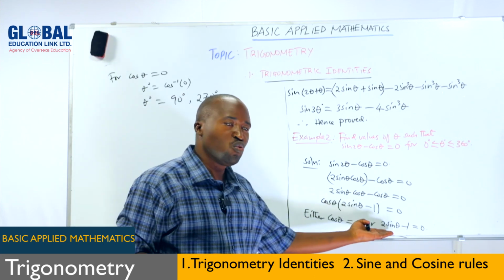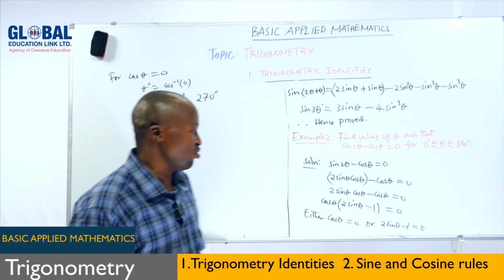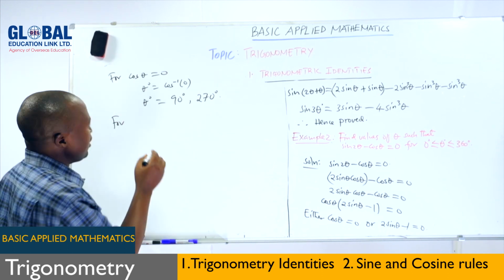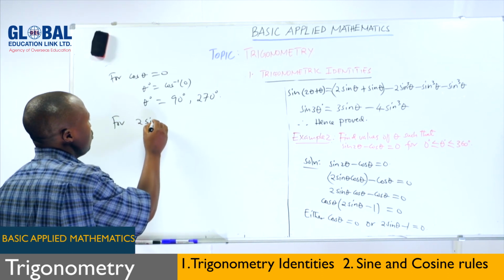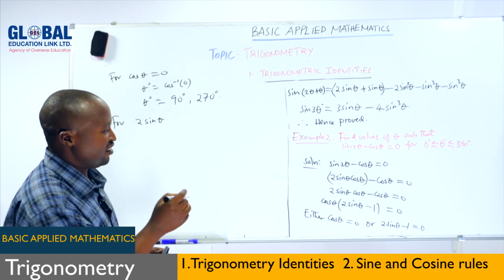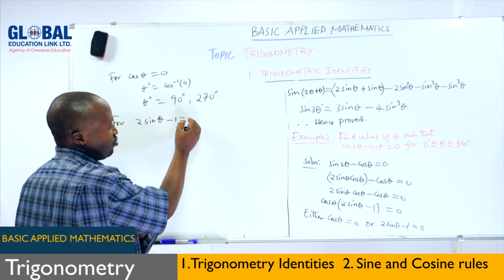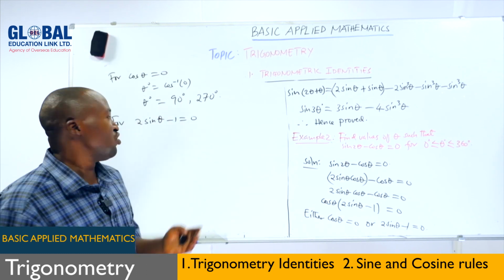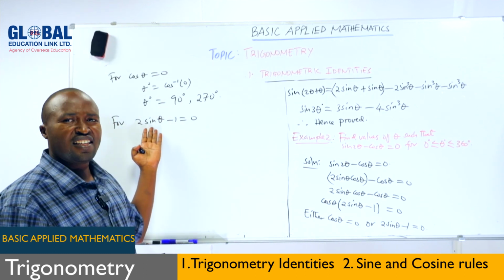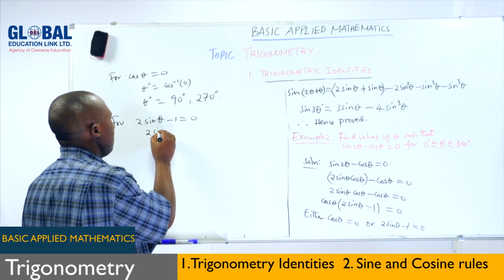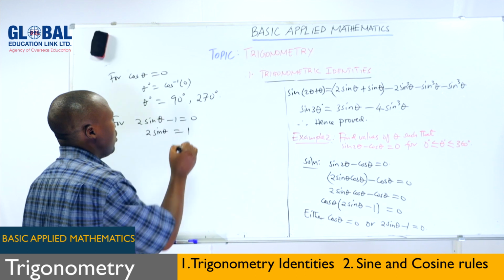Now what about 2 sine theta minus 1 is equal to 0? We need to make sine theta the subject. So we are going to have 2 sine theta is equal to 1.